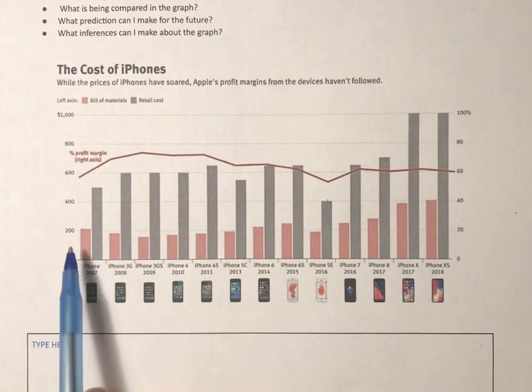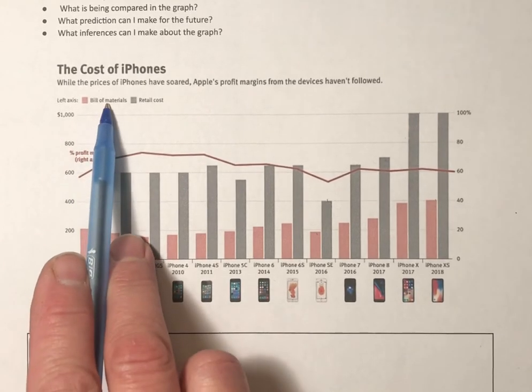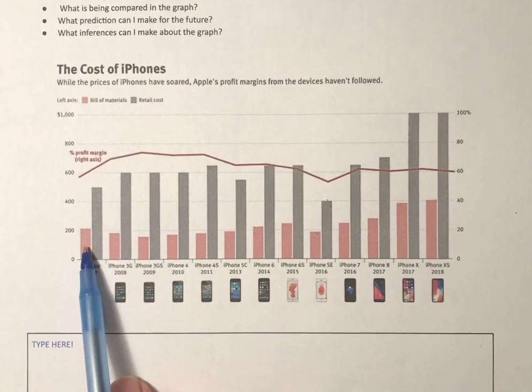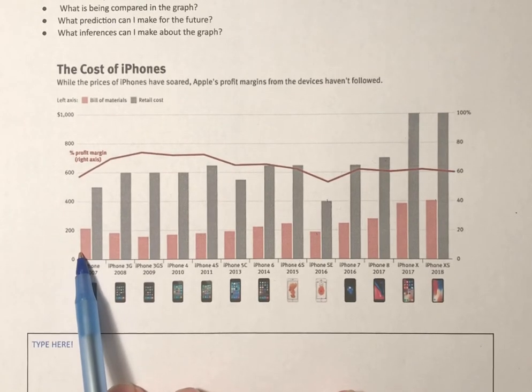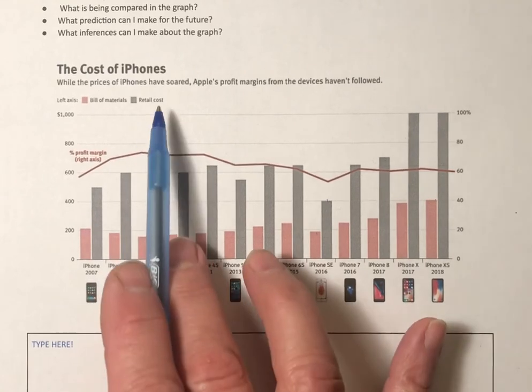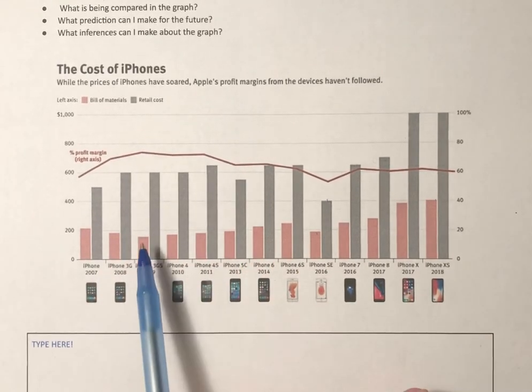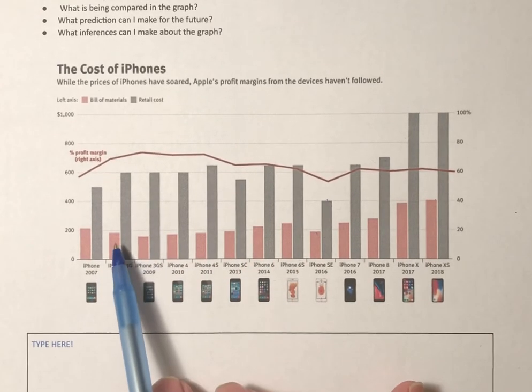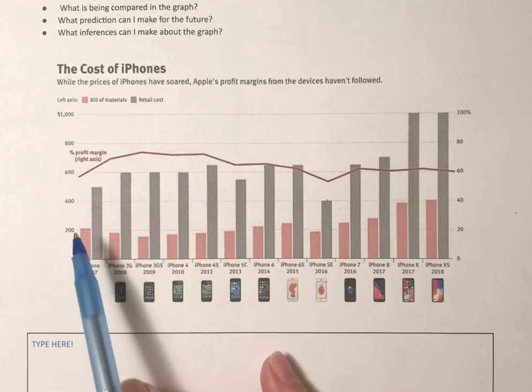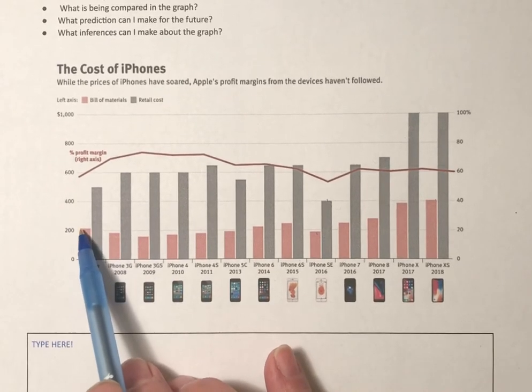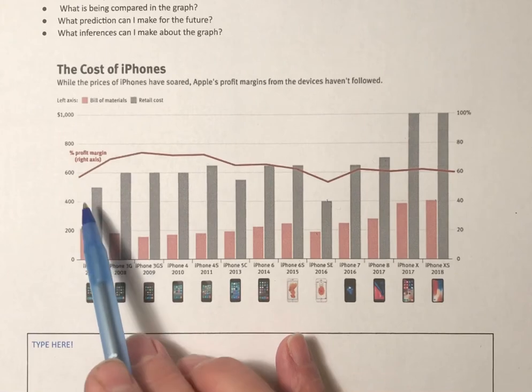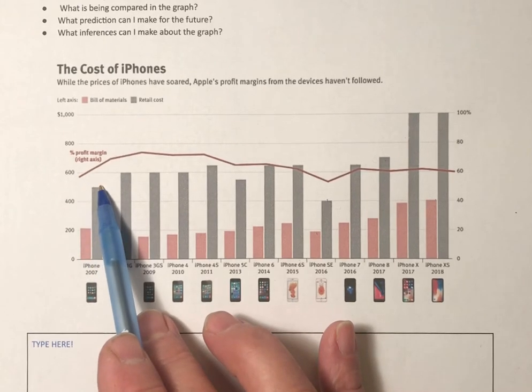Now, notice that the pink, as I said before, is the bill of materials, so that's really the cost of materials. The gray is the retail cost. That's the price of the iPhone in a store. Now you can see that this is a little over $200 and this is about $500.